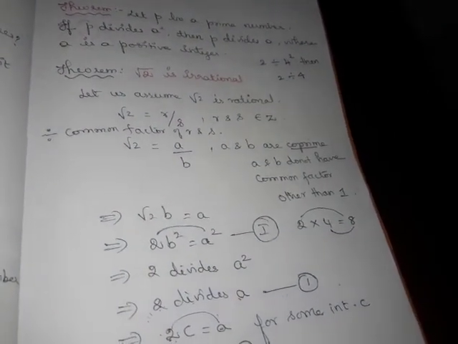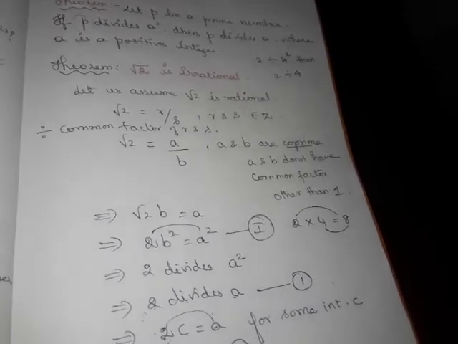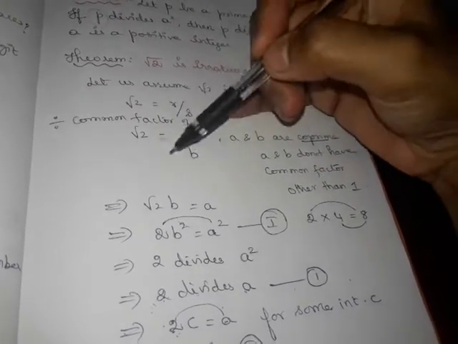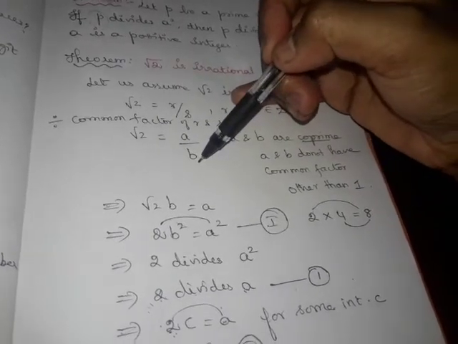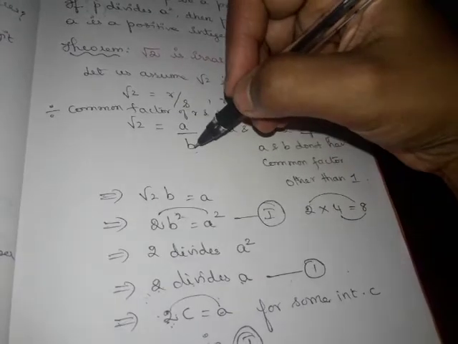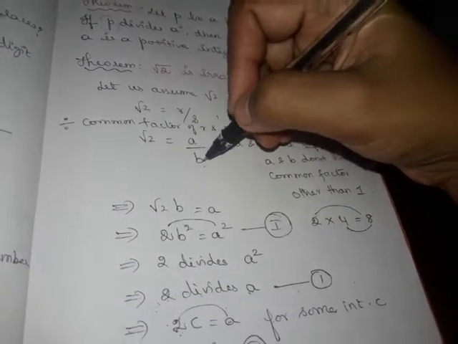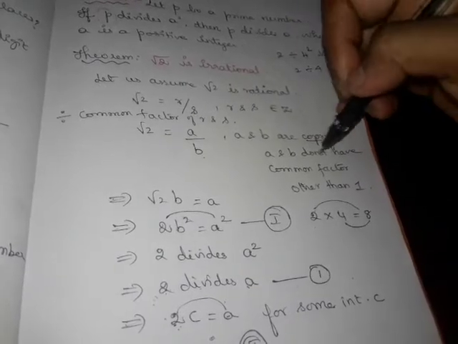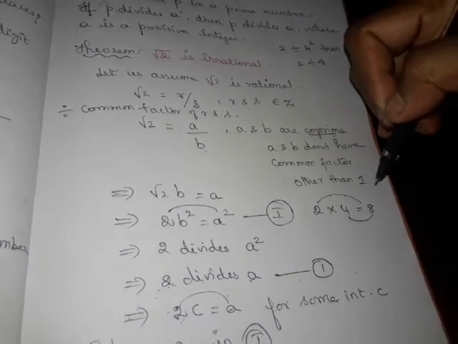Now what are we going to do? If r and s are already co-prime, no problem, but if not, we reduce it further by dividing by the common factor, so that we arrive at the simplest form where a and b are co-prime numbers. Co-prime means they do not have a common factor other than 1.